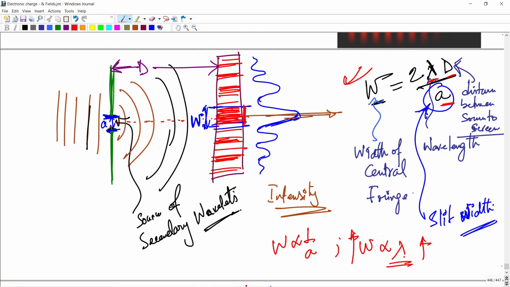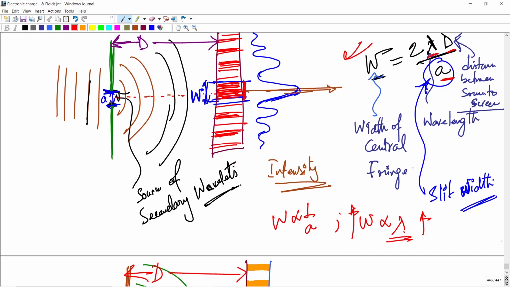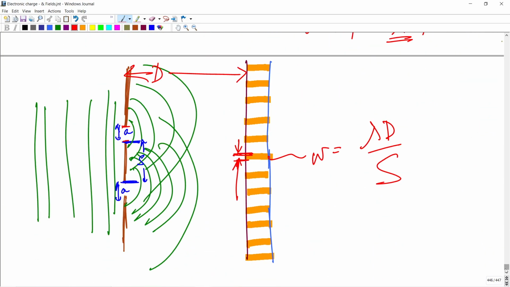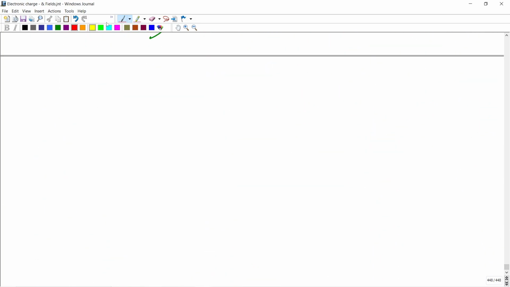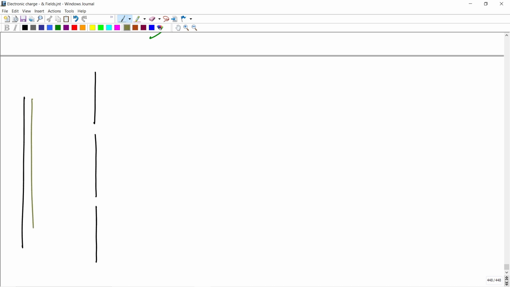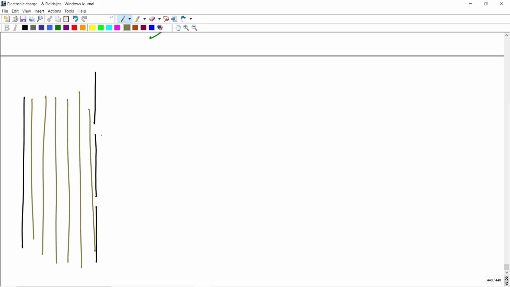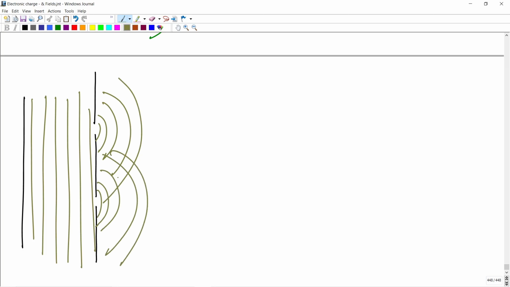Okay, now if I combine these two, what will happen? This is a very important concept. Suppose there is a gap here, and a single source of light passing through two slits.